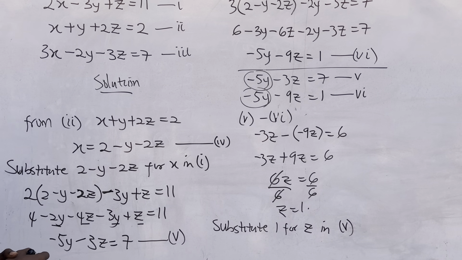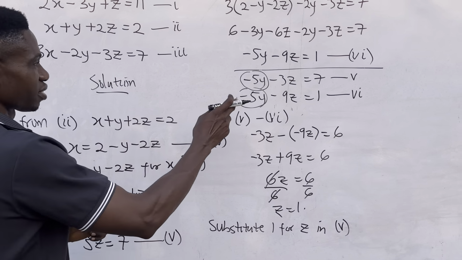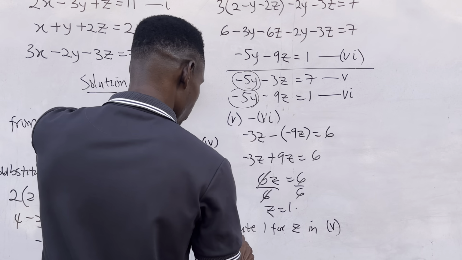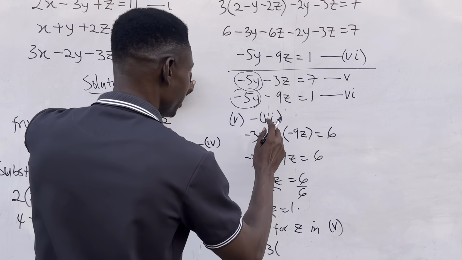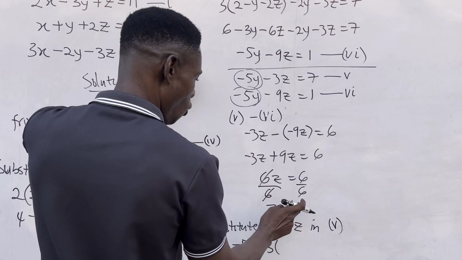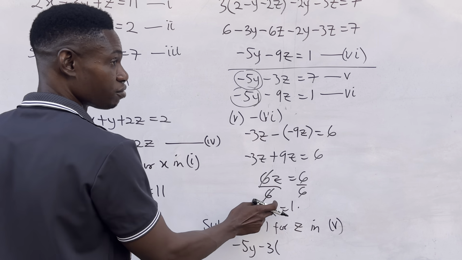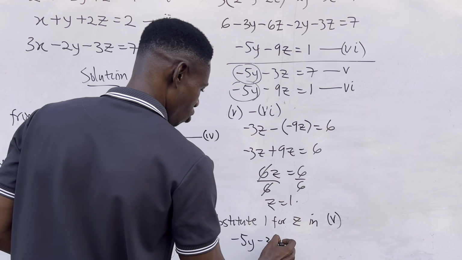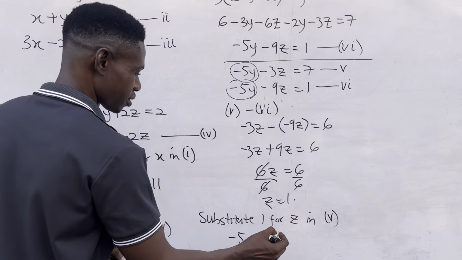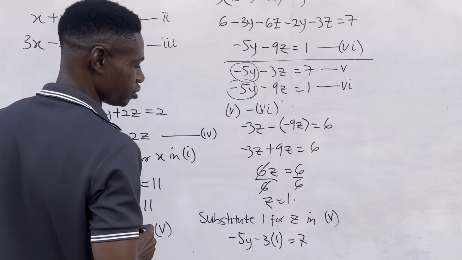So from equation 5 we have what? Minus 5y minus 3. Instead of z now we put what? 1, right? Because 1 is the value of z. So 1 equal to 7.